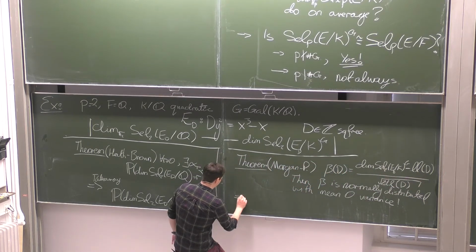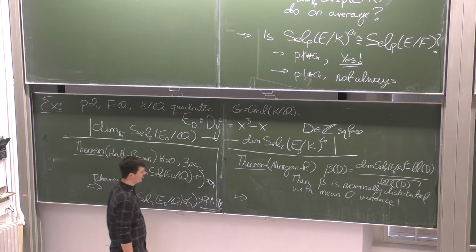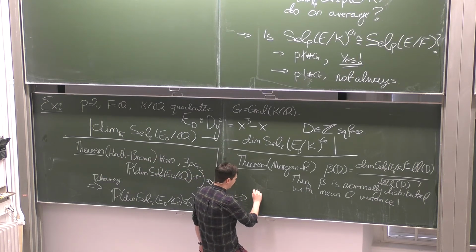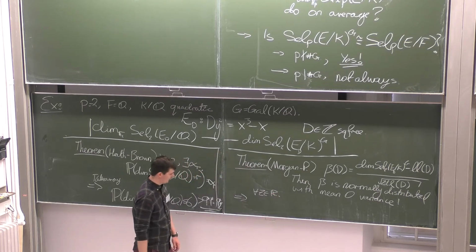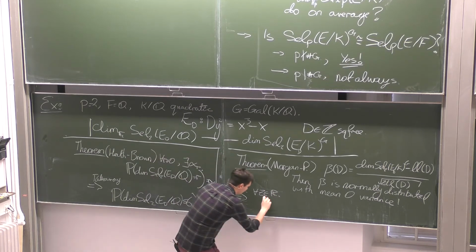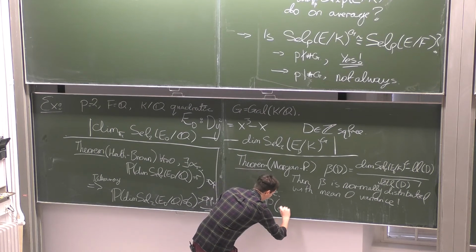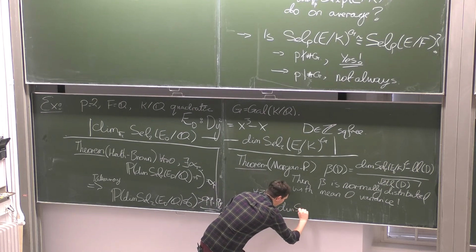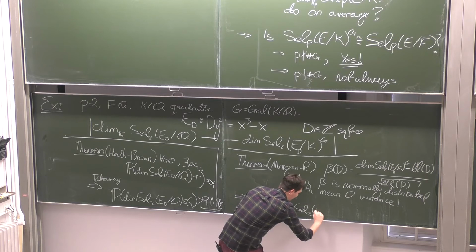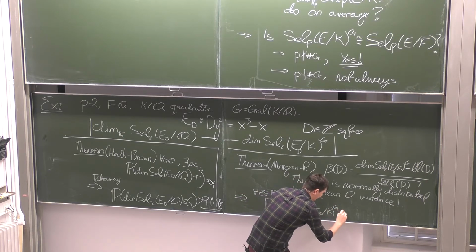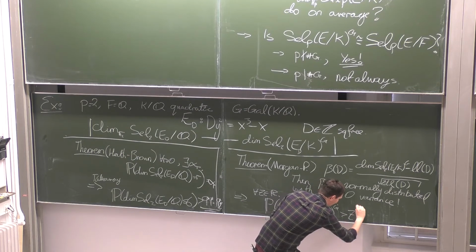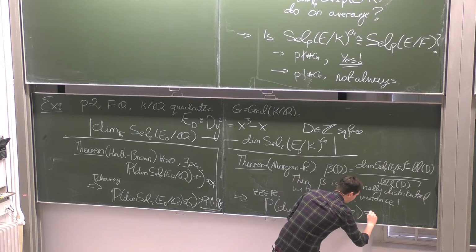And so, comparing to the takeaway here, if I take z to be the largest real number you've ever seen written on a blackboard, and I ask, what's the probability that the 2-Selmer group fixed space here is at least z, then that's always going to be 100%.